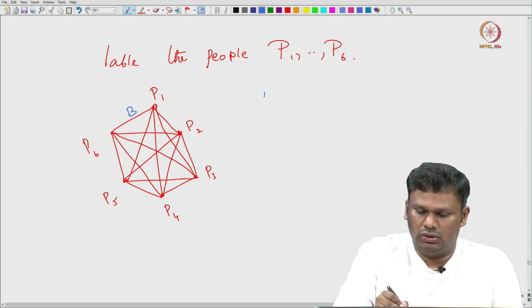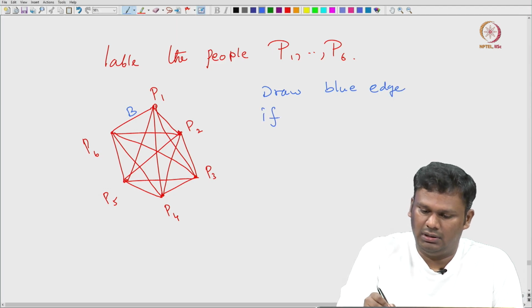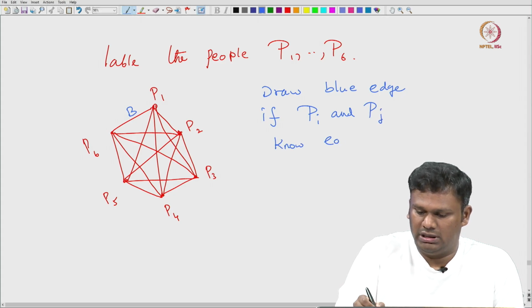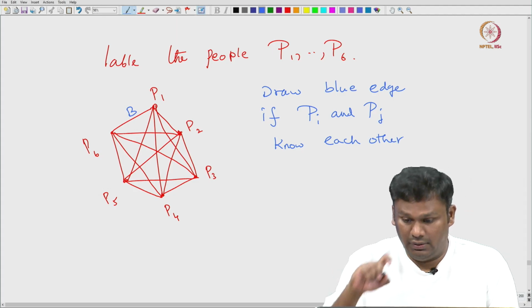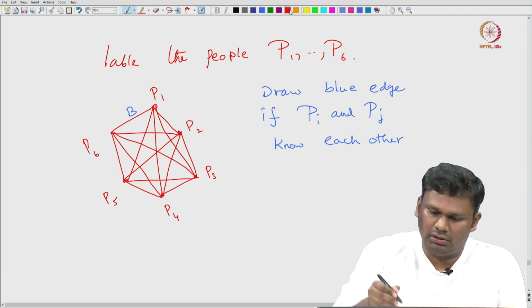Okay. So, draw blue edge if Pi and Pj know each other. Okay. So, then what we are going to do? We are going to draw actually red edge.